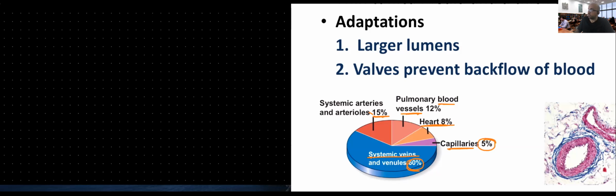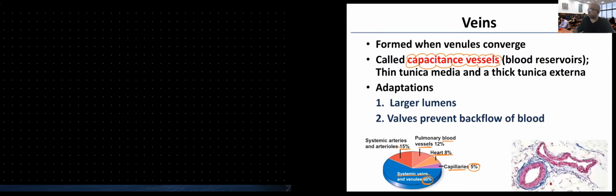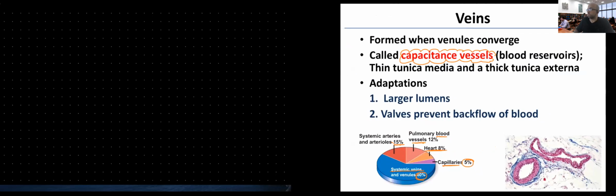What allowed the veins to become the capacitance vessels to hold most of the blood volume is that they have, as you see, a much larger diameter, which will enable them to contain large volumes of blood. Also, they have a very low resistance and very low pressure.